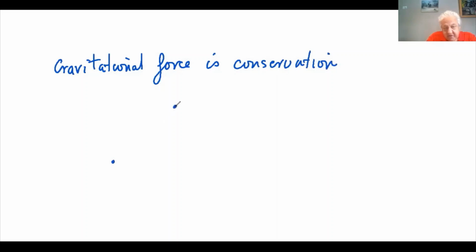If I have a force field and I've got 2 points A and B, and I ask for the work done between these 2 points, if I go in a straight line, I've got force times distance, call that S. Let me say I use a force F due to the field. Work equals force times distance.